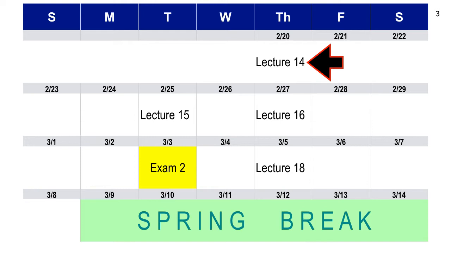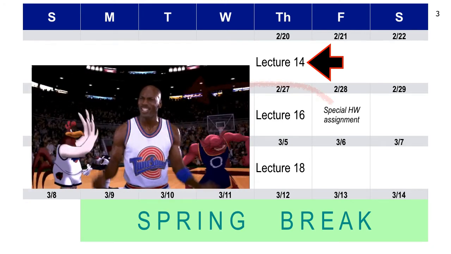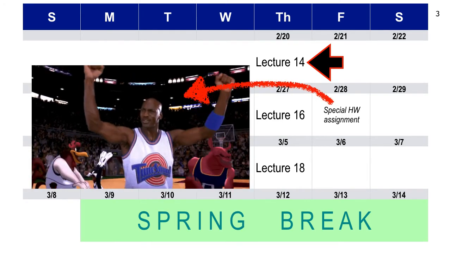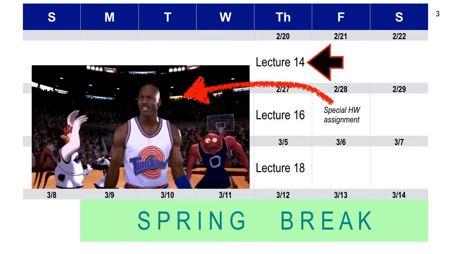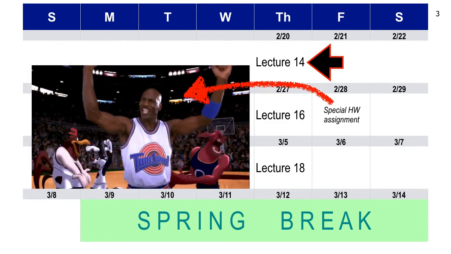But on that weekend before exam 2, yes, we are going to have a special kind of review homework. We might have a regular homework and then a second review homework. And guess what? It's going to involve Michael Jordan and Space Jam. I've got all that worked out. It's pretty nice.